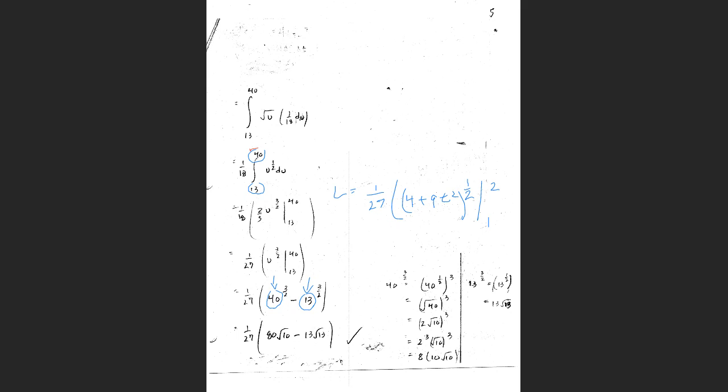This would work. What I'm doing here is putting back in what U was, 4 plus 9t squared. Now I have a function of t for my antiderivative, and so I use the original t limits. This would work, but it's more work.